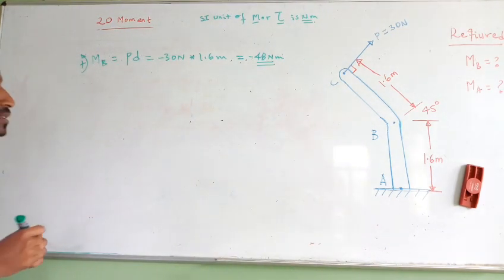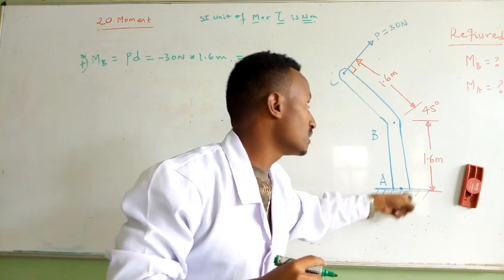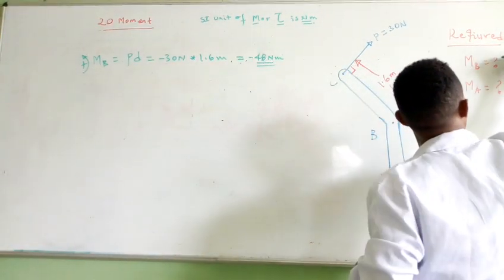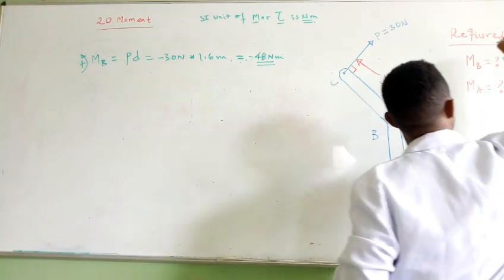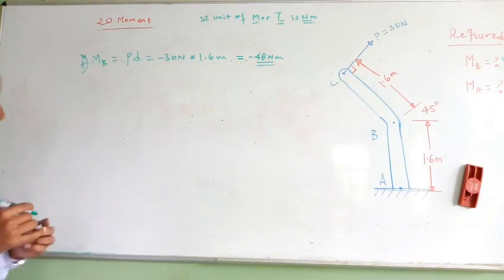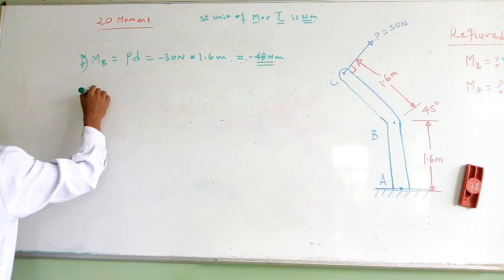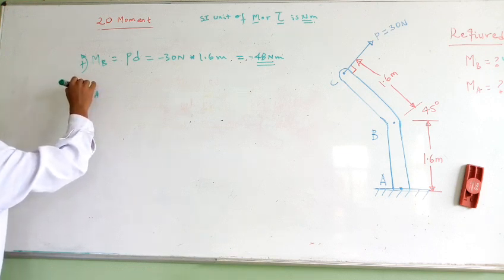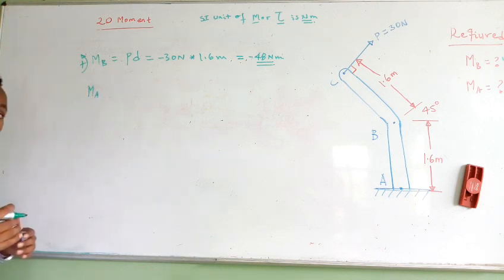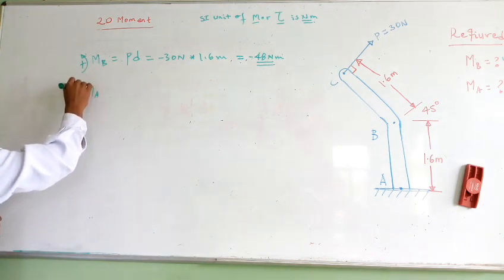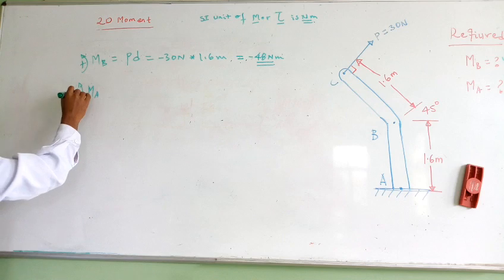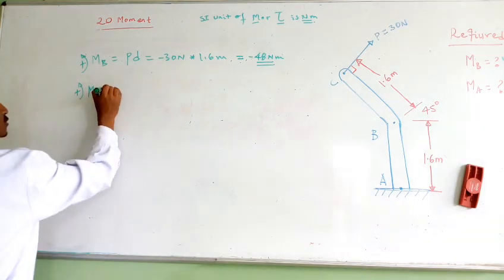Okay, the next one is the moment at point A. We already found the moment at point B. For the moment at point A, I can assign the moment towards counterclockwise as the positive sign convention.